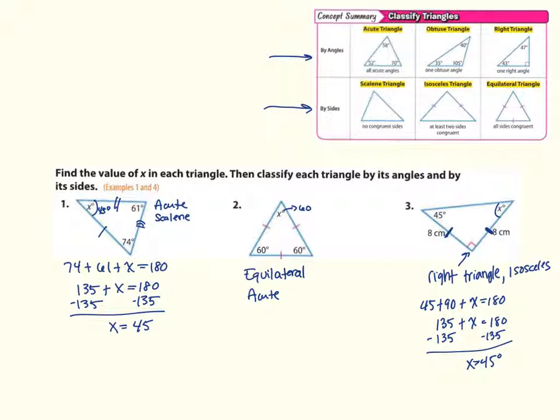So this angle right here is 45. Notice on an isosceles triangle, when you have two sides congruent, you will have two angles at the same sides. It's hard to explain. So the side that is congruent will also have congruent angles. It sounds weird. Okay, moving on.